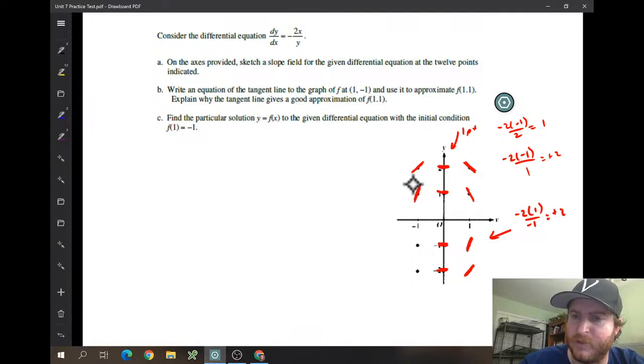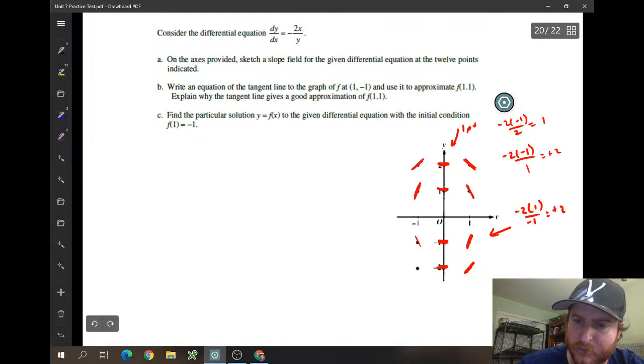And you can see these are reflected as well. So my guess is that these are probably going to be reflected as well. This is probably going to be negative 2, and negative 1. So I'll do these in my head. Negative 2 times negative 1 is positive 2. And then over negative 1, we'll turn negative 2 again. So down 2 over 1. Kind of that steeper one. And this guy will be negative 1.